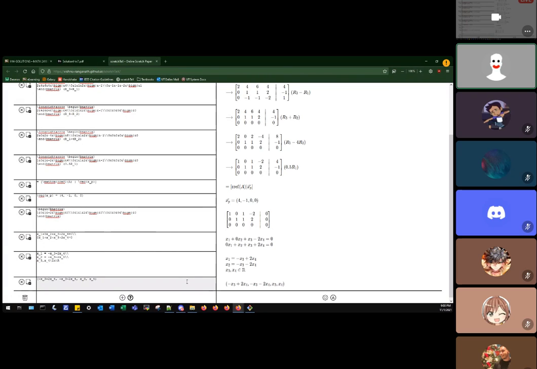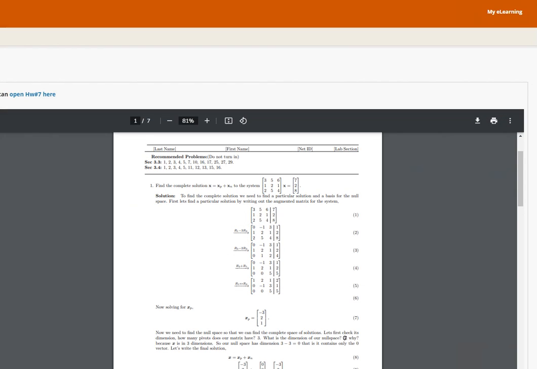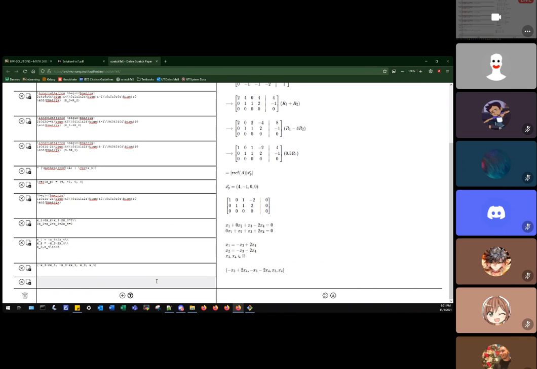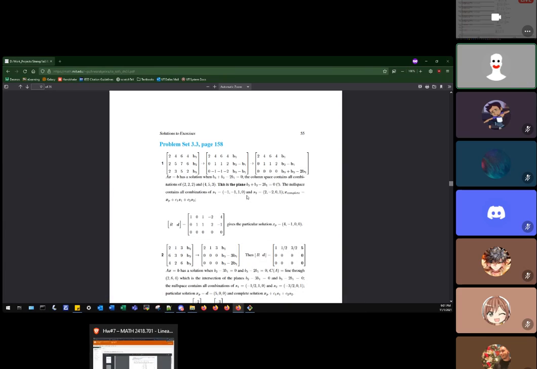Right, this will be a vector in the null space. No, I think I'm doing exactly what they're doing. I think this looks pretty similar to what I have.